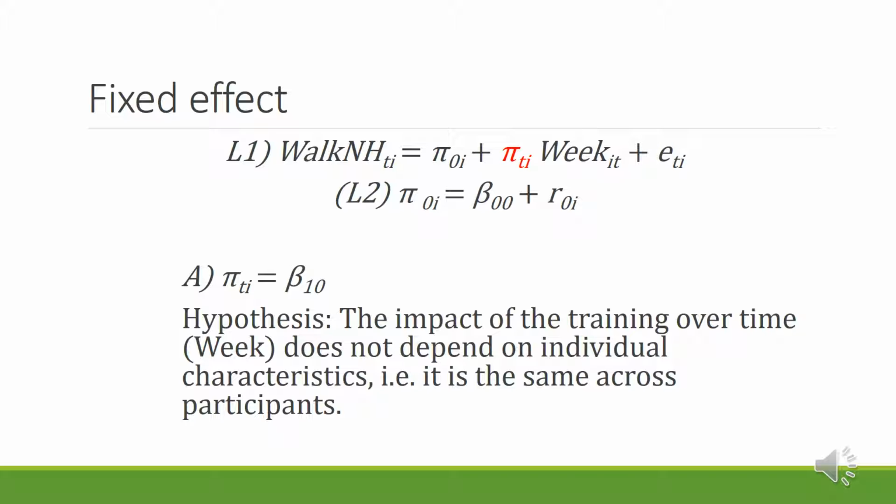That means everybody changes in the same pattern over time, let's say by increasing walking 30 more minutes every day. We can rephrase this for this example: the impact of the training over time does not depend on individual characteristics. It's the same across participants.